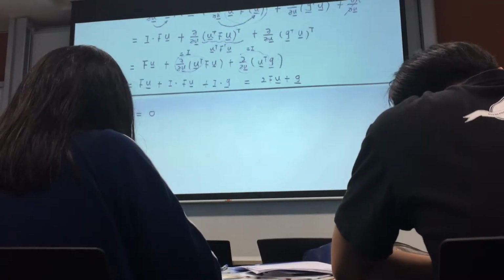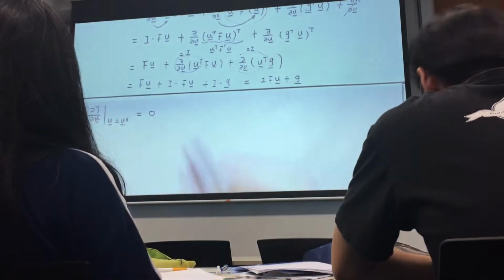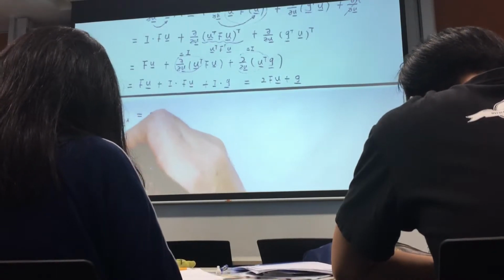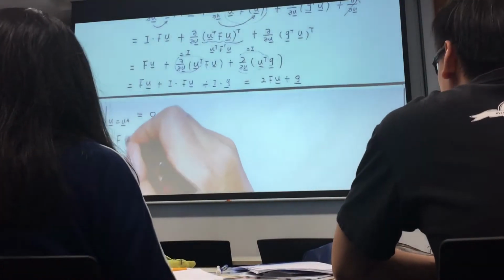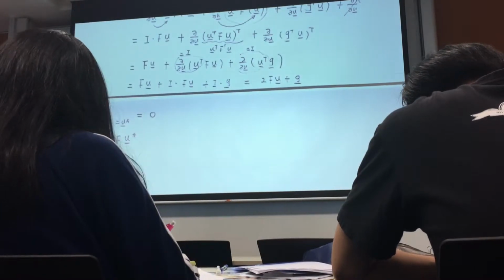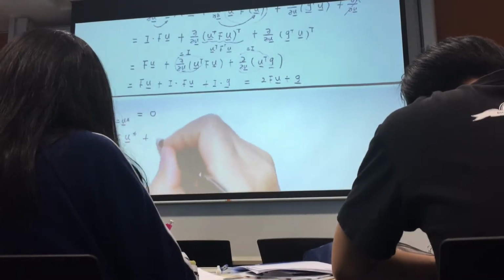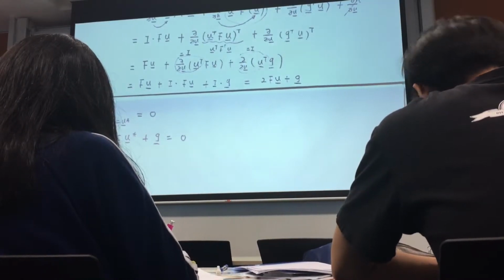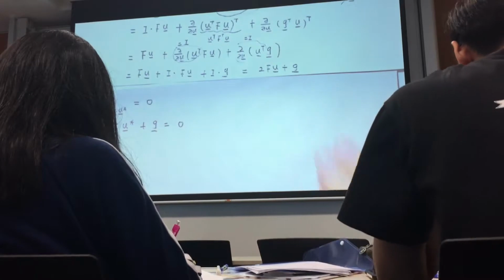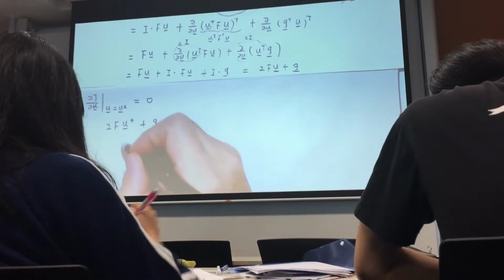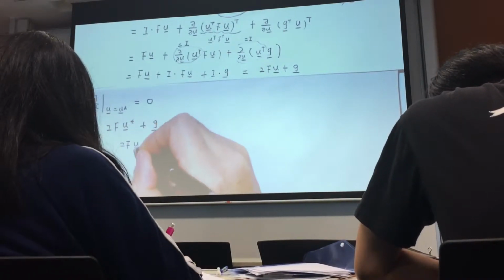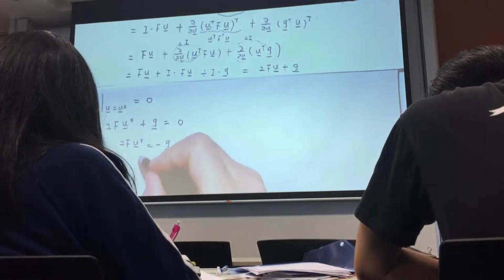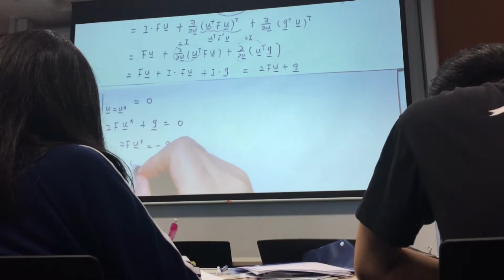And now we know this dJ/du is equal to 2Fu star, let's put a star here, plus g is equal to 0. So we have this 2Fu star equal to minus g. So we can calculate this u star.